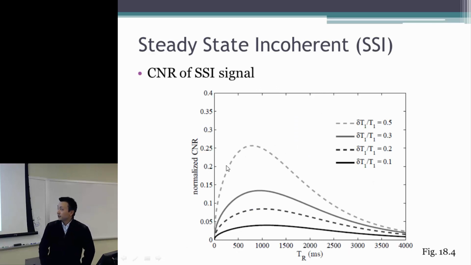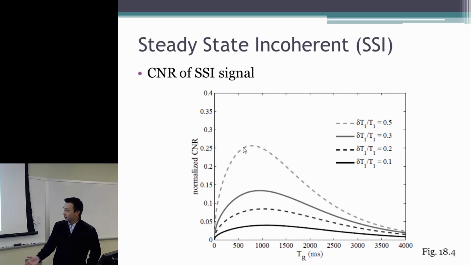So here is the simulation for two tissues with different T1s. We can see that for higher T1 differences, we can definitely get a higher contrast between these two signals. So that makes sense, right?